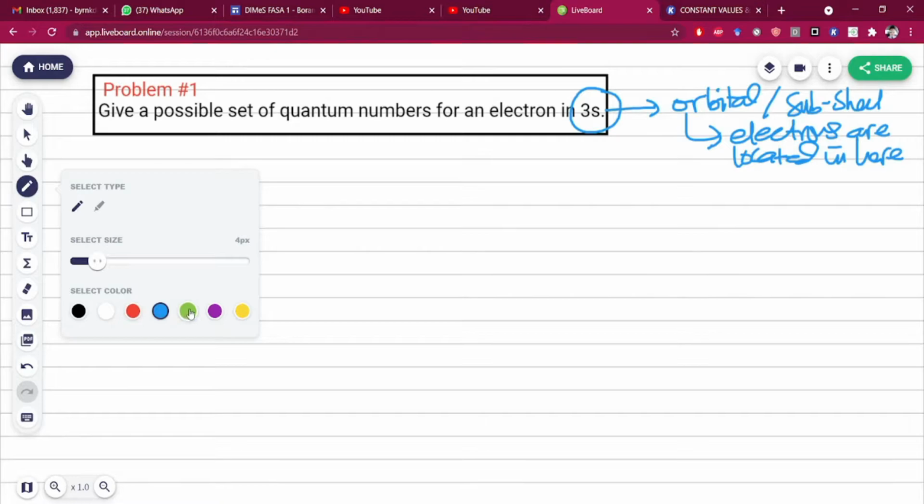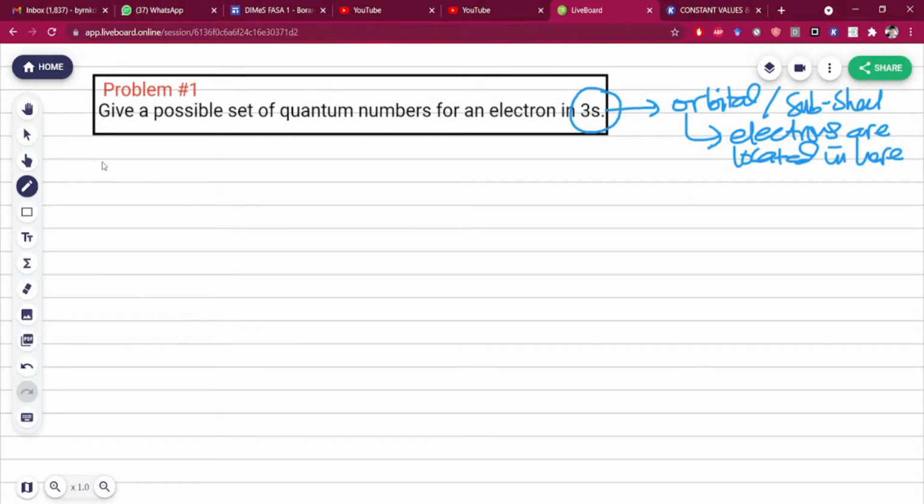A typical set of quantum numbers we have looked at in the Puzzle video.